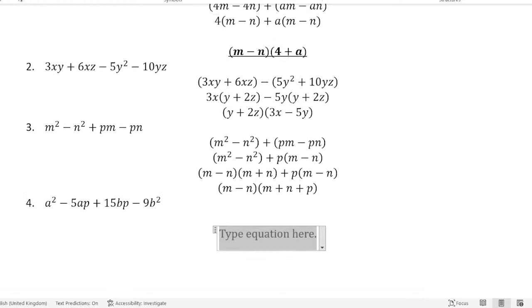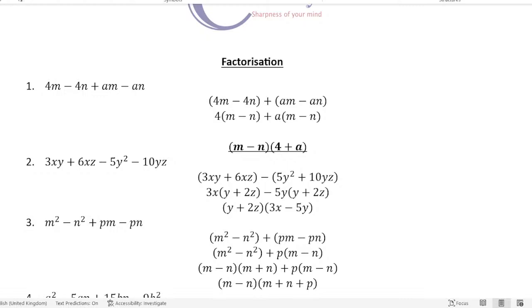Remember to go through our previous examples. So here we had 4m minus 4n plus am minus an. Then we grouped them. We didn't change anything, we just grouped them together.